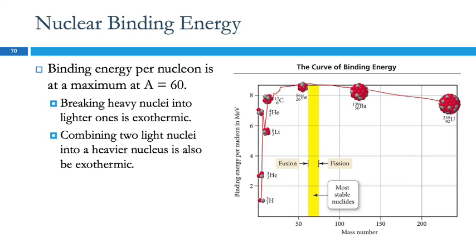So if we take heavy nuclei and break them into lighter ones, the result will be exothermic. Because if I take this and split it into 2 parts, the 2 parts will have lower energy per nucleon. And so we'll get energy released. That energy has to go somewhere.